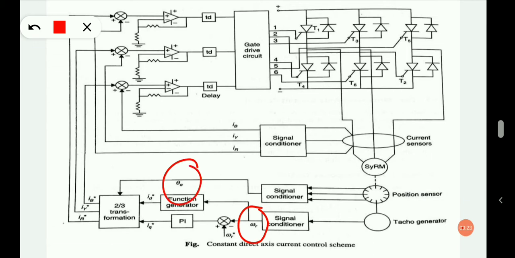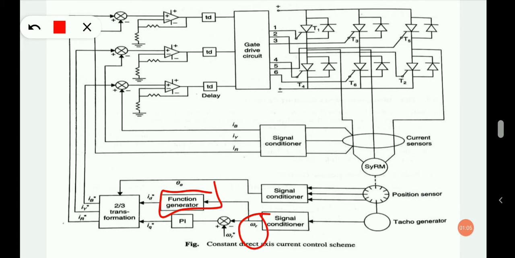The direct axis reference current signal ID star is generated by a function generator by processing the speed signal omega r. ID star is constant for speeds below the rated speed.